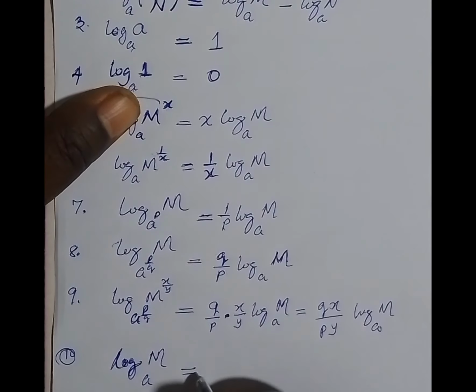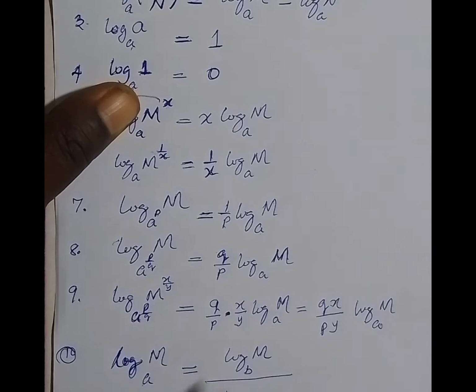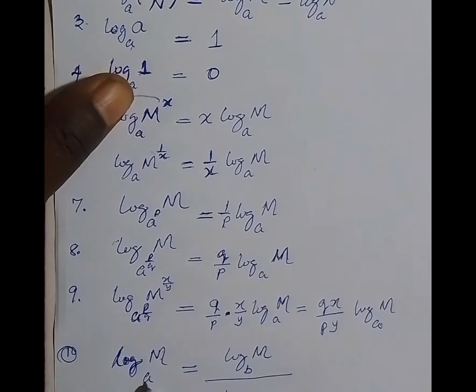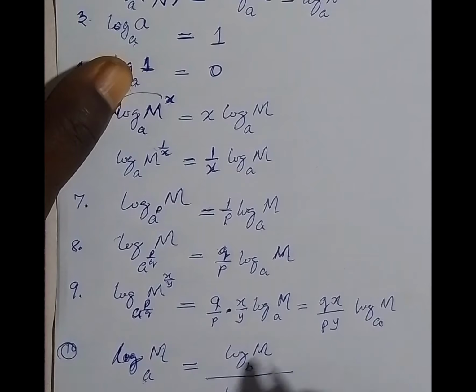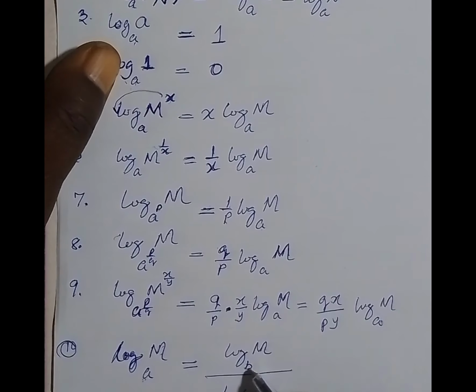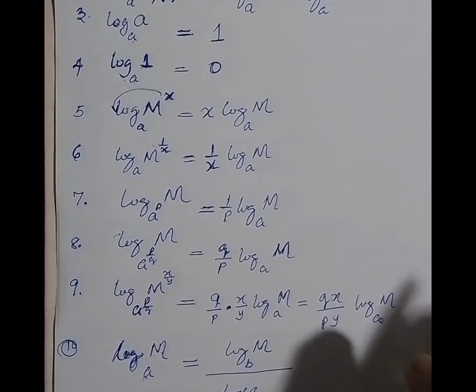So the law says, since we have decided to change the base, we are now going to have log m to the new base b, divided by log a. Of course, m is the number, a is the base. But we have now decided to change the base to a different number, in this case b. Therefore, it's going to be log of m to base b divided by log of a to base b, b being the new base.